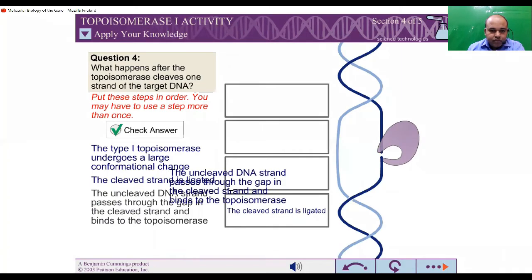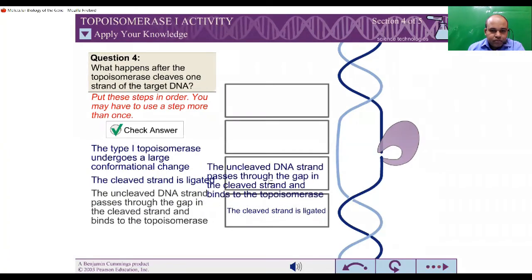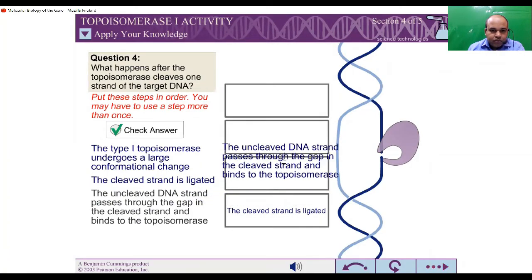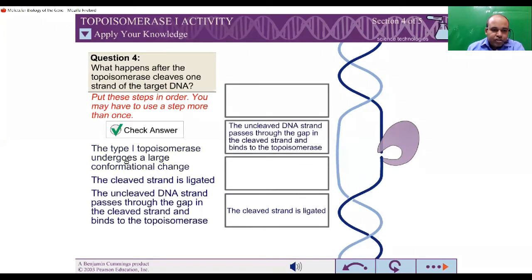Okay. The type 1 topoisomerase undergoes a large conformational change always. Okay. There are 4 boxes, so you have to fill the 4 boxes, not one.